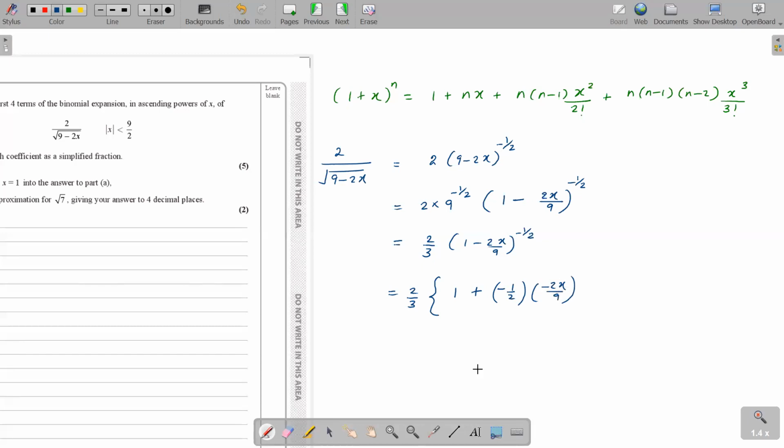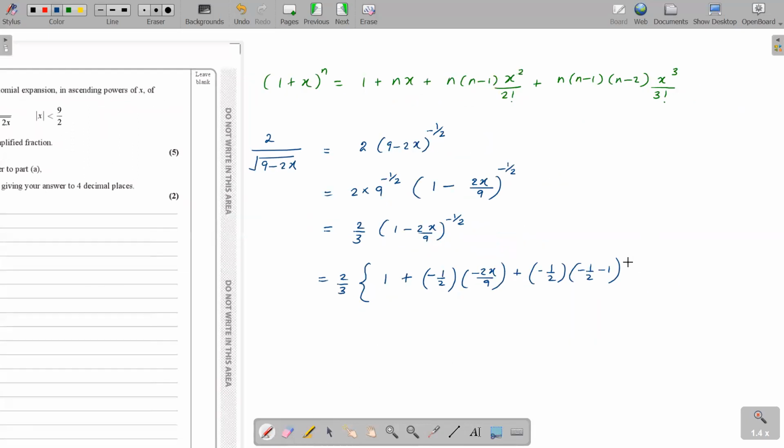Are you agreeing with what I'm doing? Replace the n here with minus half, replace the x here with minus 2x over 9, and then plus n is minus half, n minus 1 is minus half minus 1, and then minus 2x over 9 squared. Divide by 2 factorial, I prefer to write it as 1 over 2 factorial, so it's easier to type in the calculator.